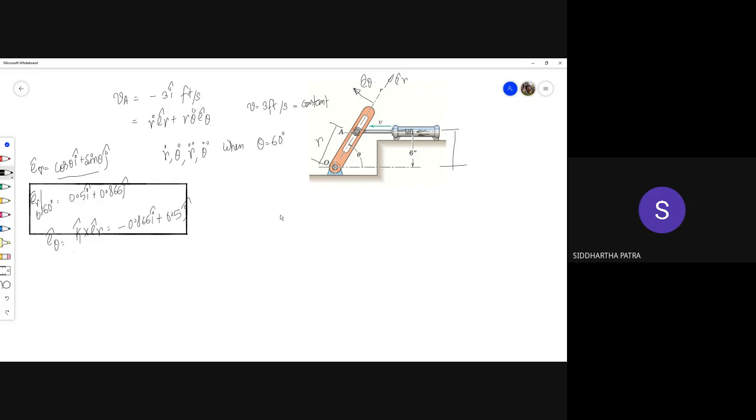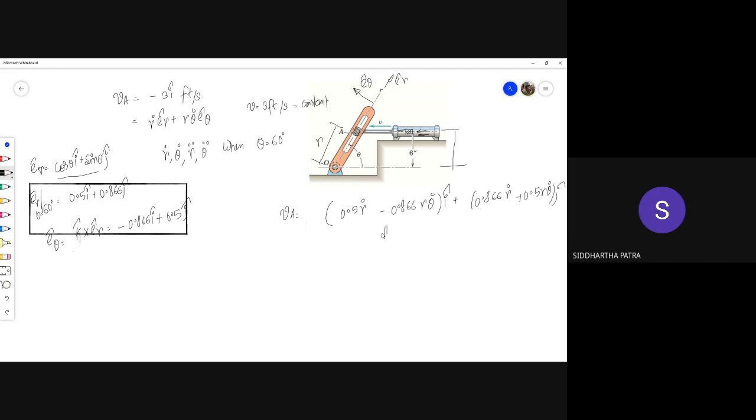So you'll get VA equals probably (0.5 r dot minus 0.866 r theta dot) i plus (0.866 r dot plus 0.5 r theta dot) j.